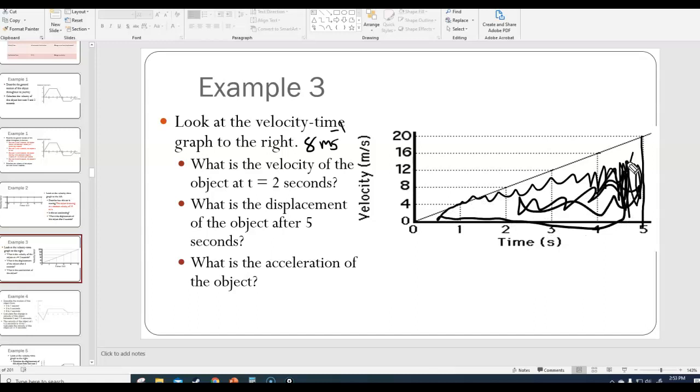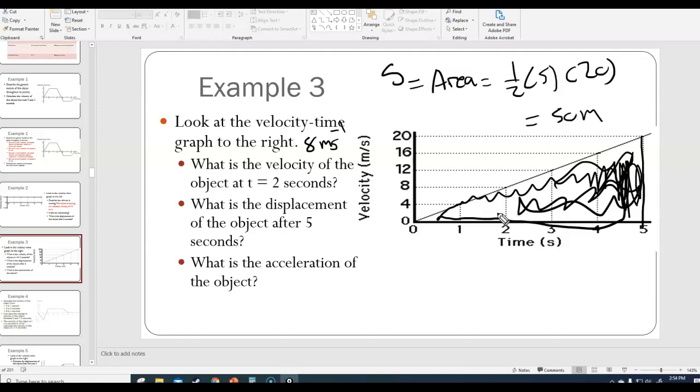I can't shade very well with my tablet, but that's a triangle. And so the displacement would be the area under the graph, which would be 1/2 times the base of 5 times the height of, let's see, the graph goes up to 20. So that would be 50 meters. Okay, so S would be 50 meters.